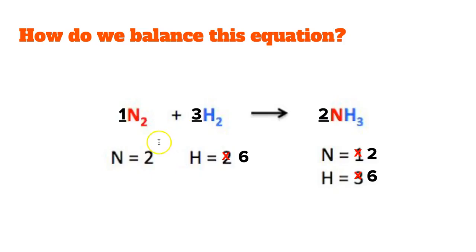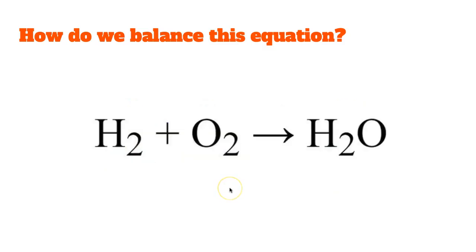Then on this side, we don't need to add a coefficient for N2 because it's already matching 2 over here. Now we want to make sure that these hydrogens match up. Since we have 6 total here, 3 times 2 is going to equal 6.